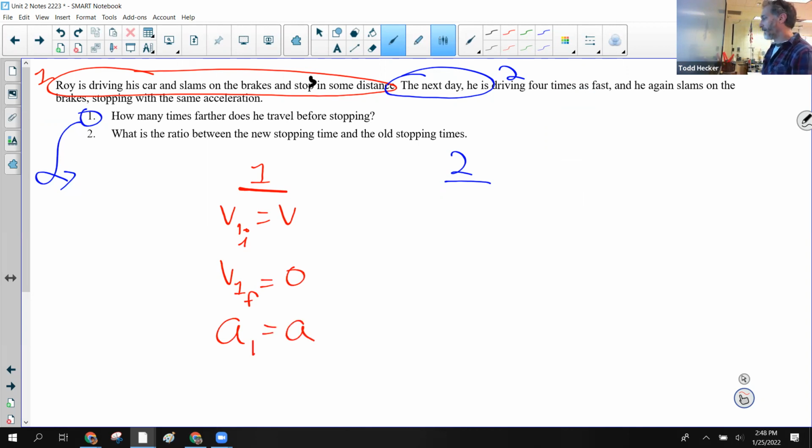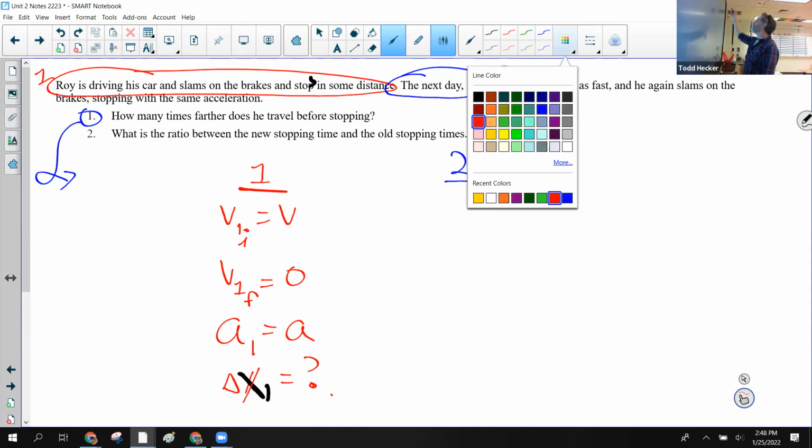All right. And I'm trying to find out information about the stopping distance on day 1. So stopping distance on day 1, let's call that D. No, I don't even need to do that. That's what we're trying to find. Let's just call it question mark. I'm sorry. I totally have a system here, I'm not using it. All right, this is delta x.